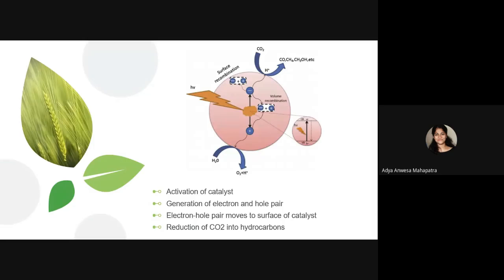The photocatalytic reduction of carbon dioxide is similar to the process of photosynthesis for green plants. The photocatalysts play the role of green plants to convert CO2 into fuel using ultraviolet or visible light. Typically, this reaction can be divided into four steps. First, the catalyst is activated by UV or visible light from sunlight or any other illuminated light source.